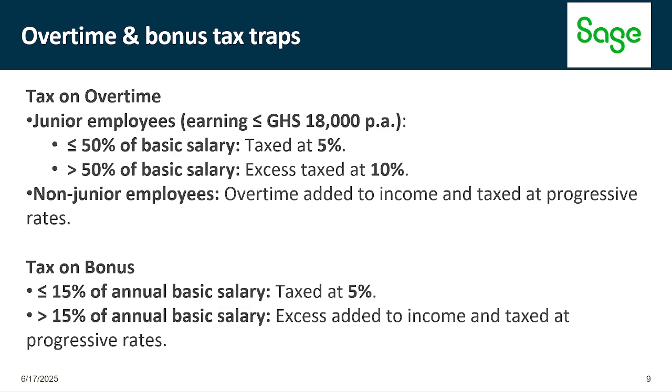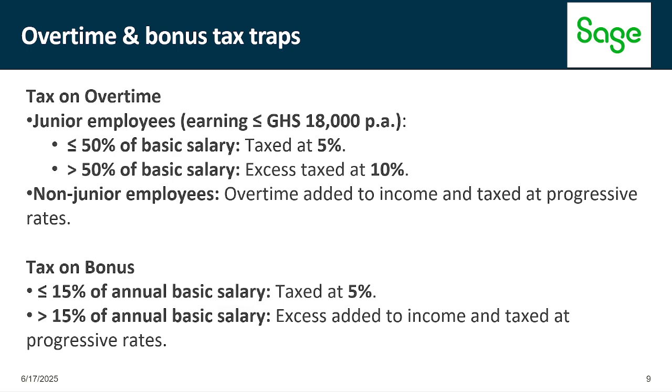But let's say your basic salary is 1,500, and you are paid overtime also 1,500. 50% of your basic salary is 750. That means the overtime is more than 50% of your basic salary.